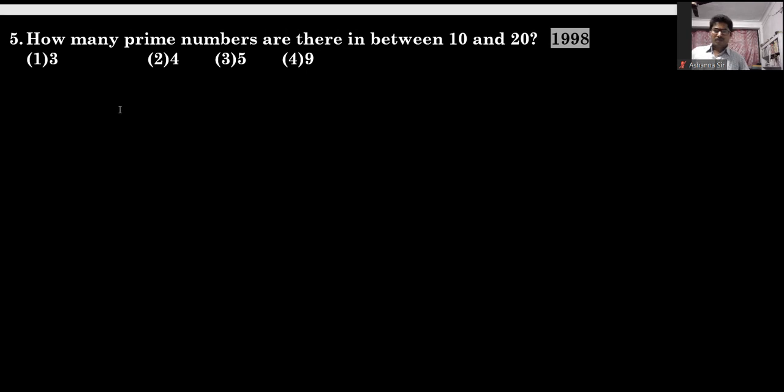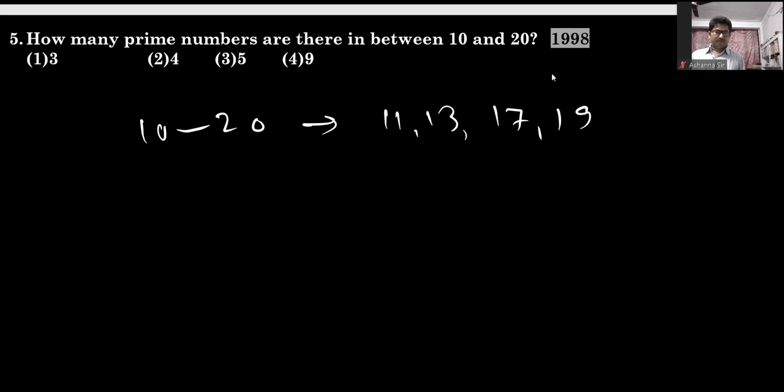Question number 5. How many prime numbers are there in between 10 and 20? So this is a repeated question. Between 10 and 20 are 11, 13, 17, 19. 4.